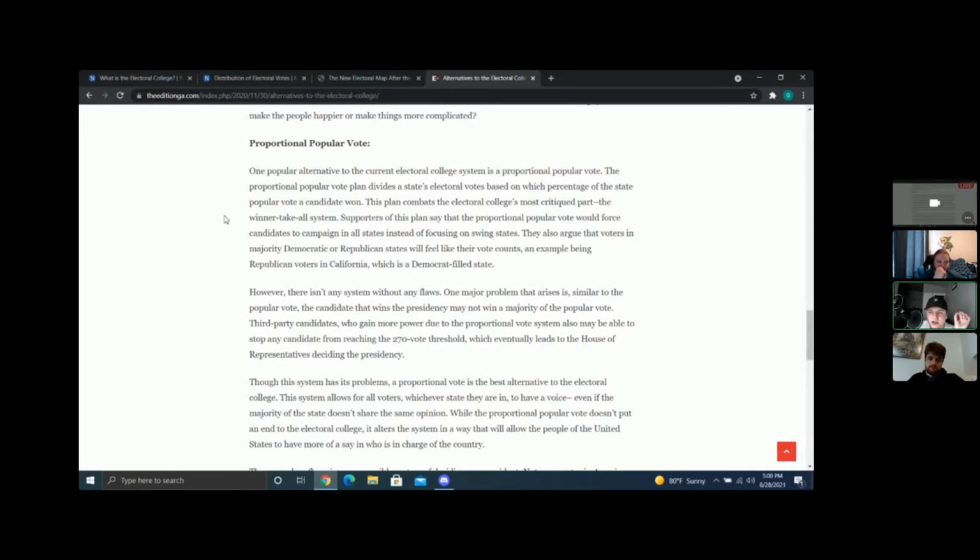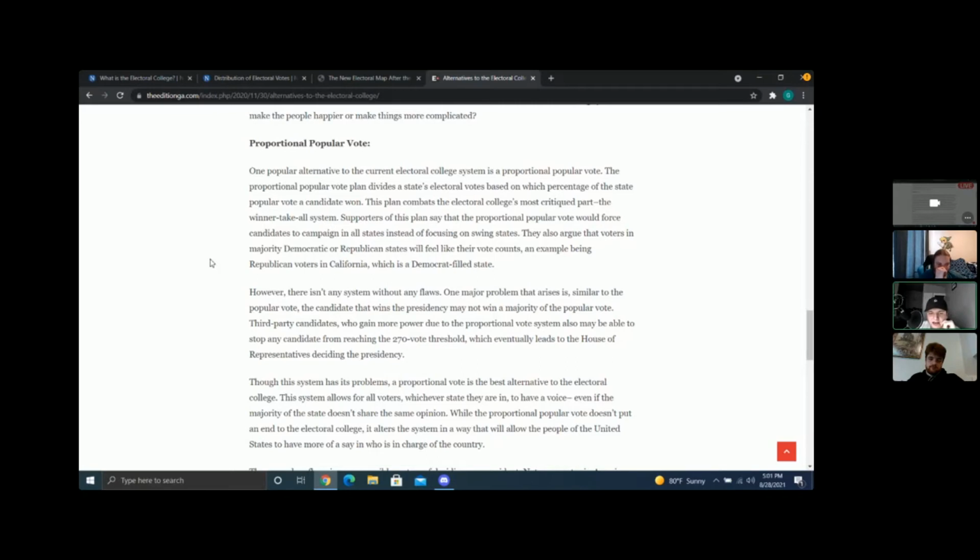They also argue that voters in majority Democratic or Republican states will feel like their vote counts, an example being Republican voters in California, which is a Democrat-filled state. However, there isn't any system without any flaws. One major problem that arises is, similar to the popular vote, the candidate that wins the presidency may not win a majority of the popular vote.